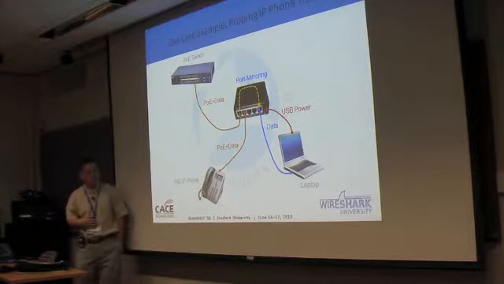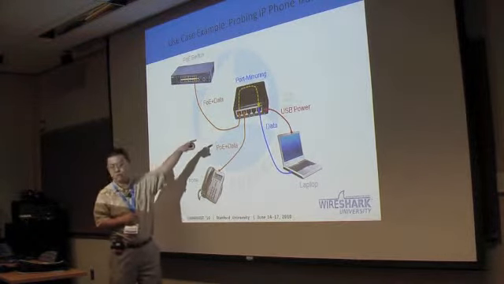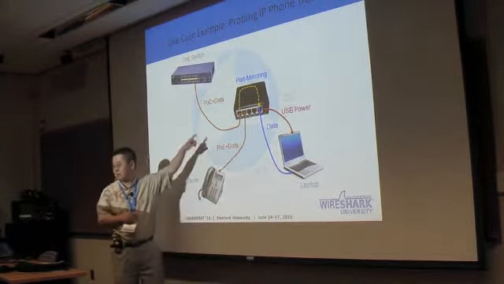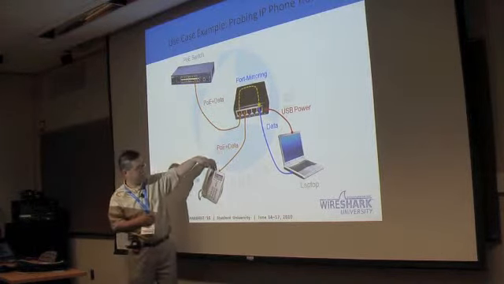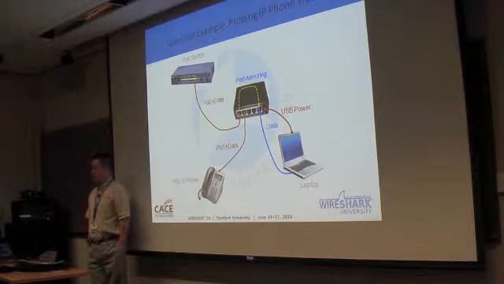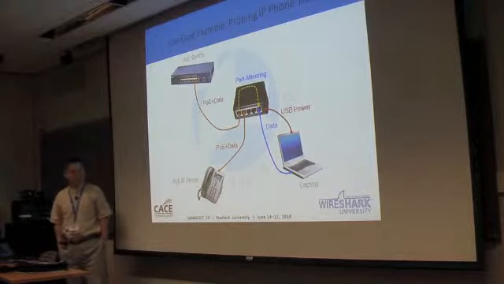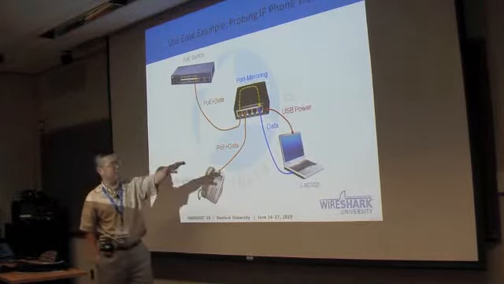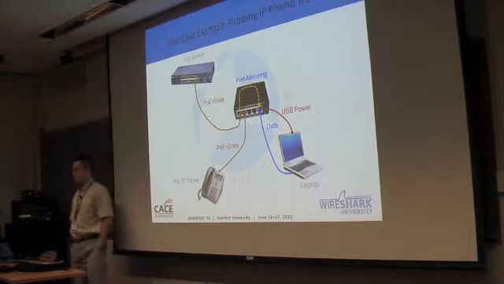And also on this picture, we show the PoE pass-through feature. So the power from the uplink port can pass through to the downlink port and power the IP phone, which is powered by the PoE power. And then the USB power can power the switch. So this offers a portable solution.